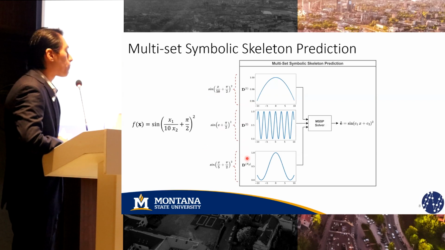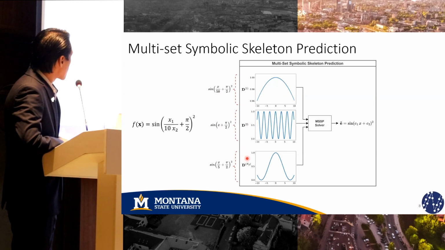And even though they may correspond to different behaviors, we know that all of them correspond to the same functional form. So we are going to use them as inputs to an MSSP solver, and the estimated skeleton is going to represent the functional form that is common to all input sets.